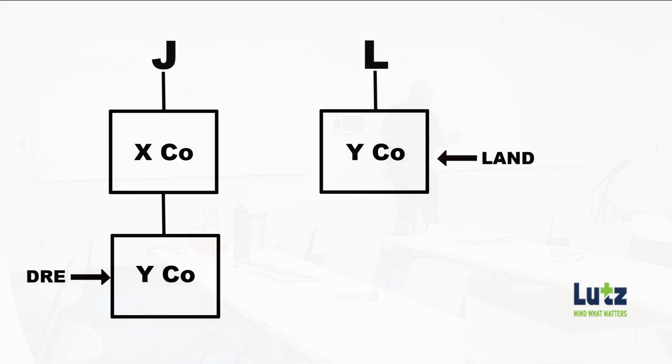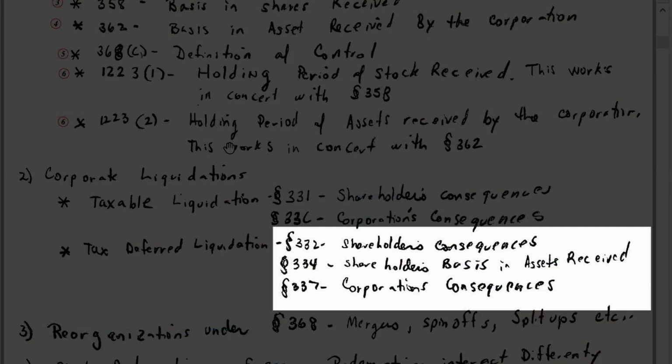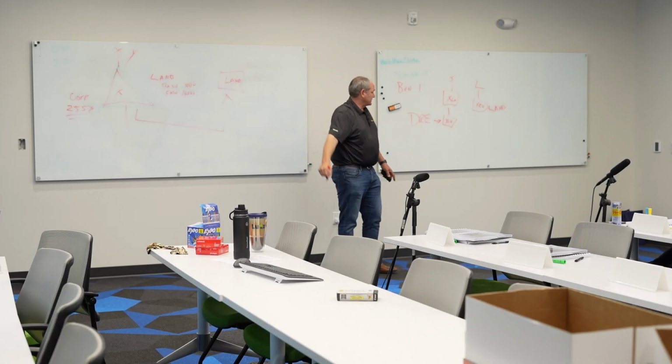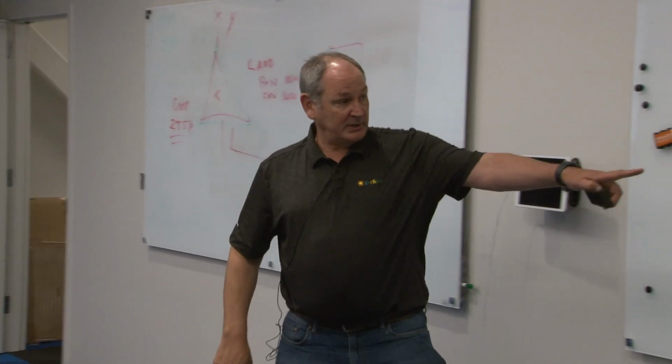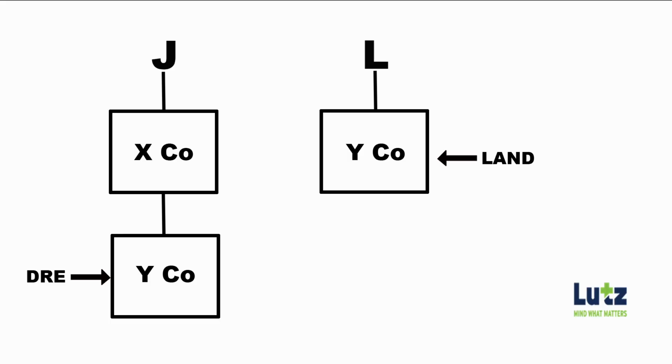So what 332, 334, 337 says, you have a corporate consequence, you have a shareholder consequence, and you have to measure basis. The corporate level consequence is there's a distribution. Who owns land, Kaylee, when the dust settles at the end? Tax purposes or legal? Who owns it there? Yco.